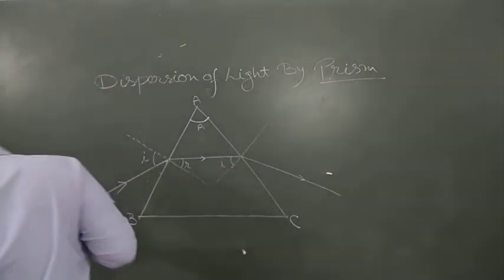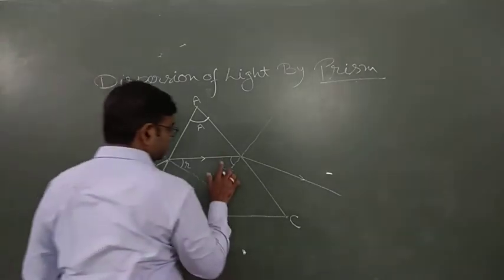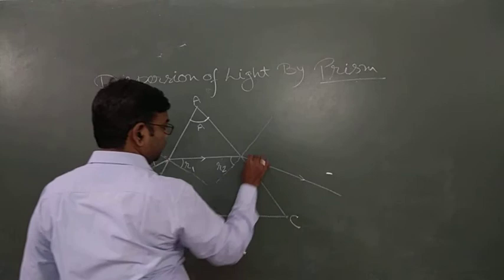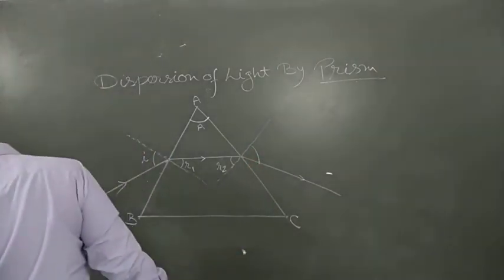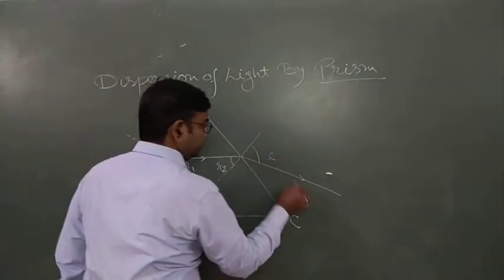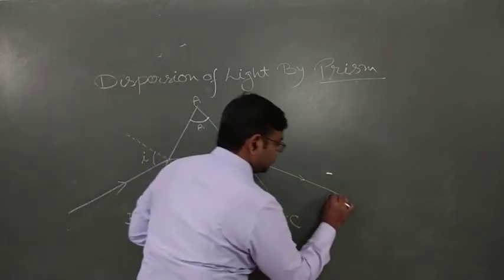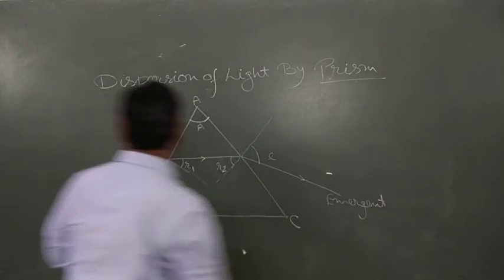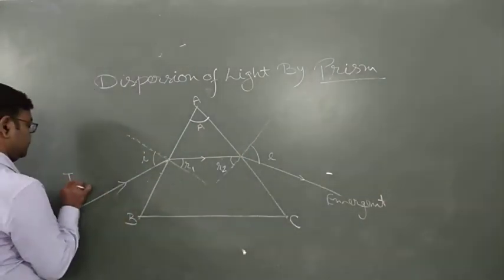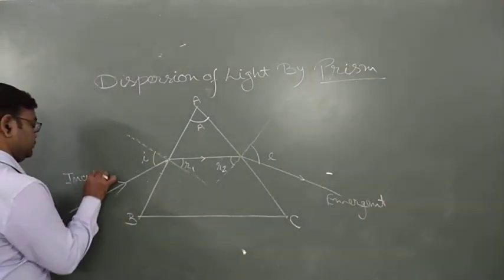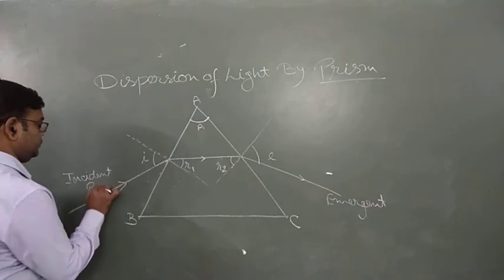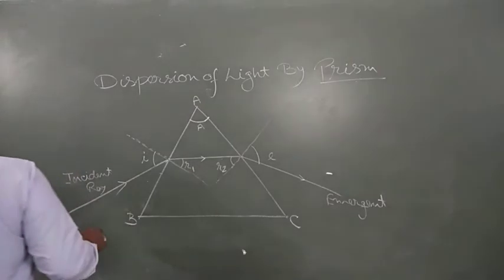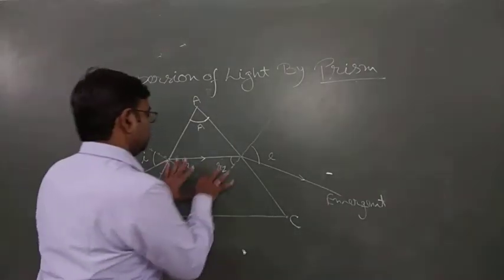Some will say it is R2, this is R1, and this one is your emergent ray. Why? Because the ray emerged from the prism. This is known as your emergent ray. This is the incident ray, this is your refracted ray, but we are not going to mention this one.